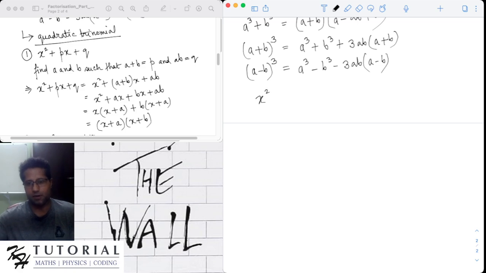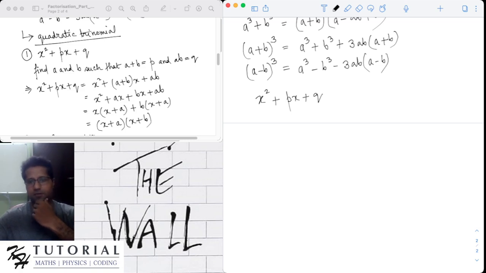This is the general form of a quadratic trinomial: x square plus px plus q. p and q are constants and the variable is x. So this is a quadratic trinomial in one variable, that is x.